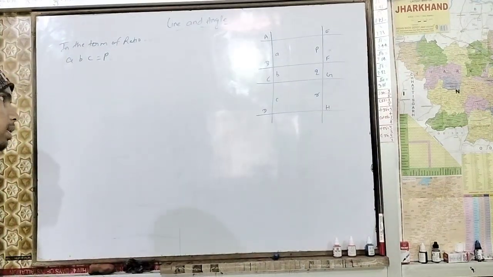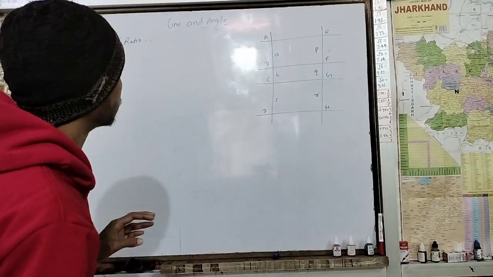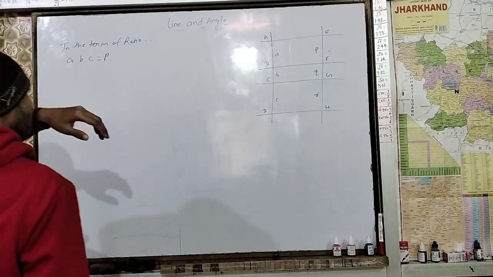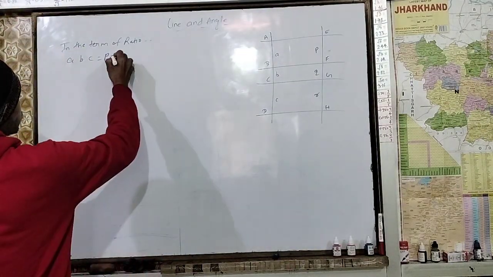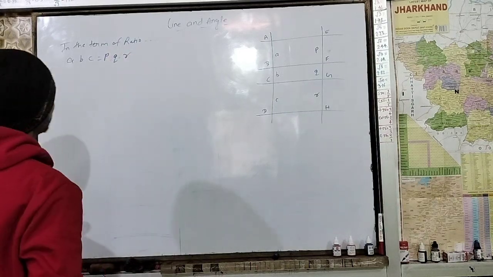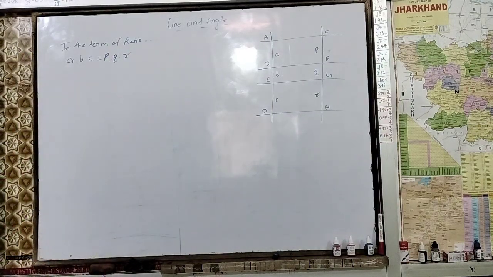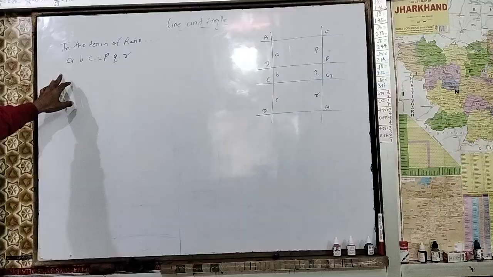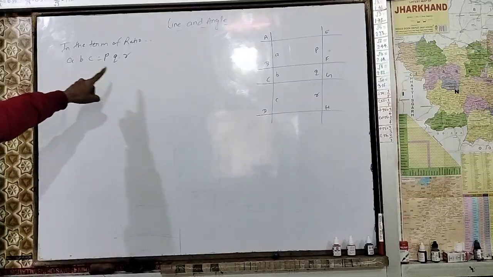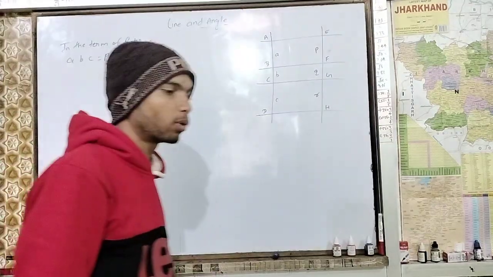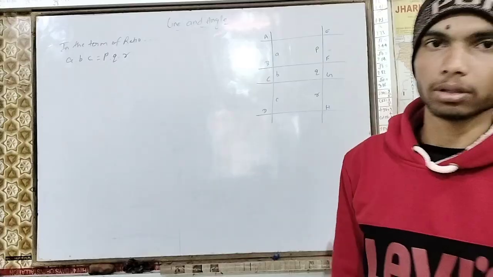That's why each line is parallel to each other. So P is to Q is to R. The meaning of this equation is A is equal to P, B is equal to Q, C is equal to R. And we wrote this in terms of ratio.